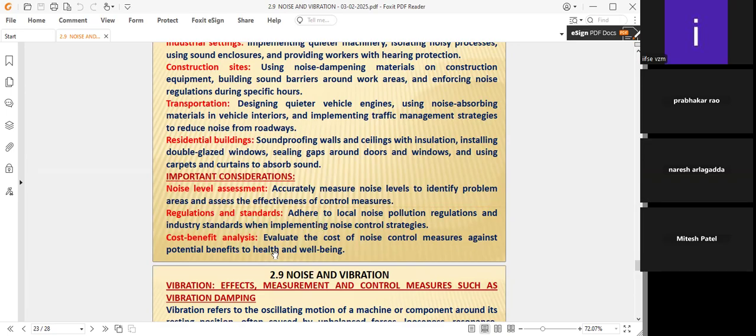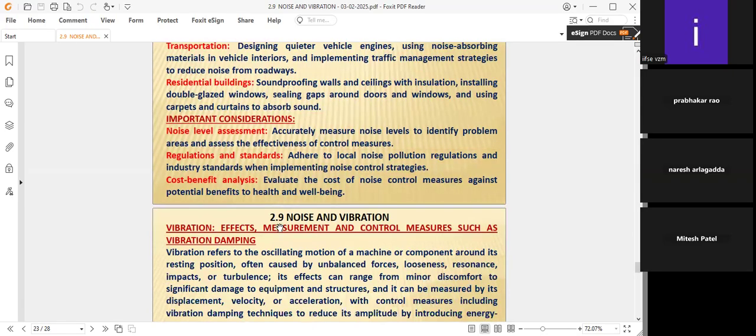The potential benefits for health and well-being are also considered. So before reducing noise levels or installing engineering methods or silencers, you have to see the cost benefit analysis, keeping the regulations and standards in mind.